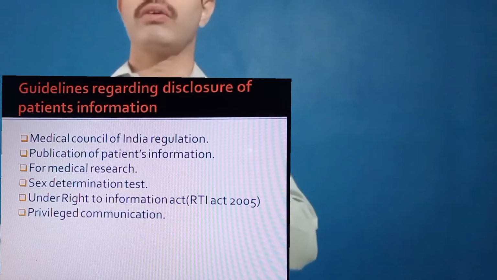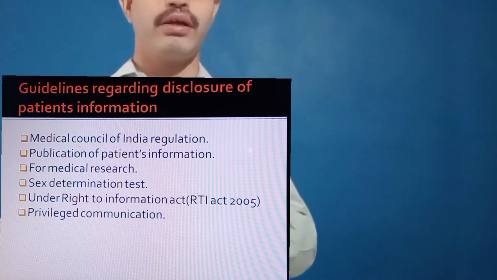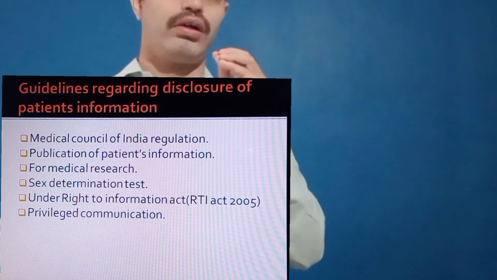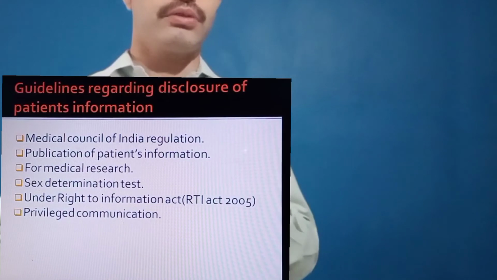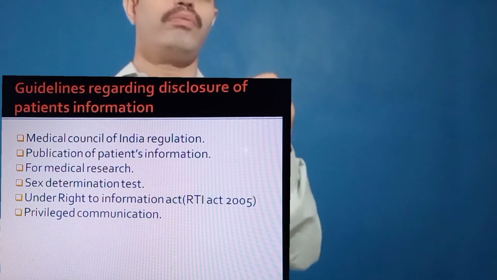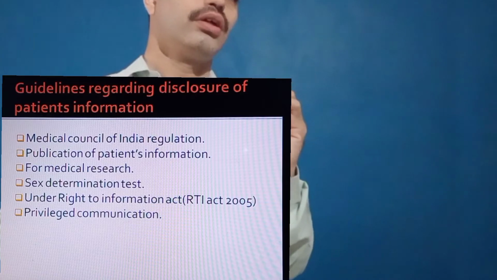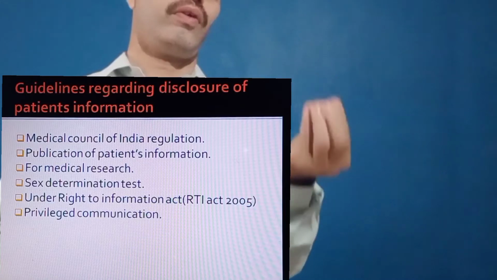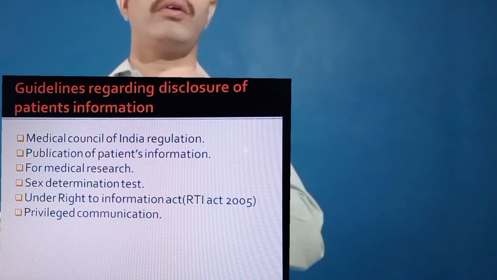As per the Medical Council of India Regulation 2002, when a request is made by the patient himself, or by the dependents of the patient, or by the legal representative of the patient about the medical record of the patient, in that case you have to acknowledge the same and you have to issue the information or the patient's medical record within 72 hours. And of course here you can take charges for administrative purposes, for example Xerox copies and so on, but you have to issue the medical record within 72 hours.